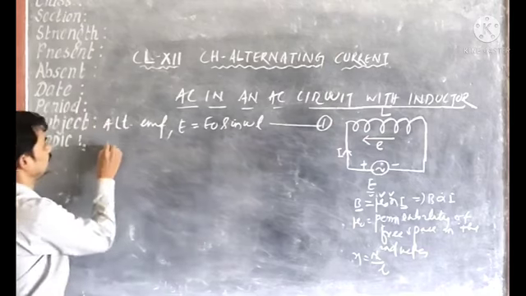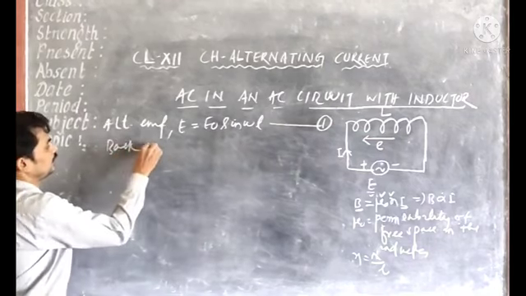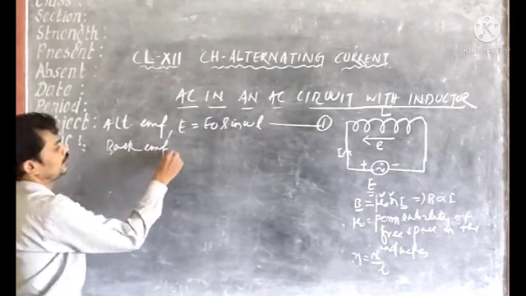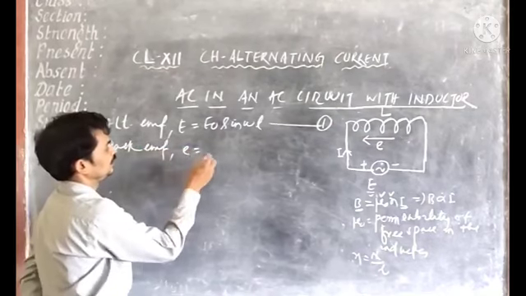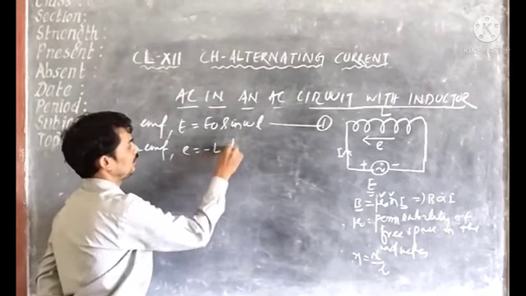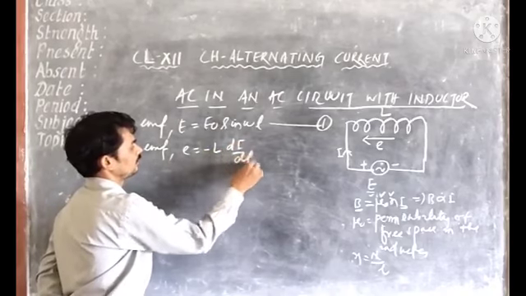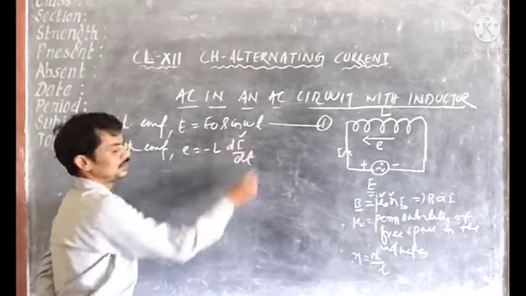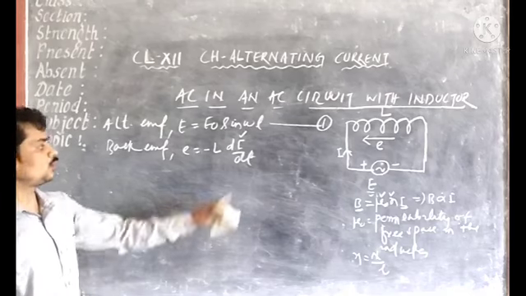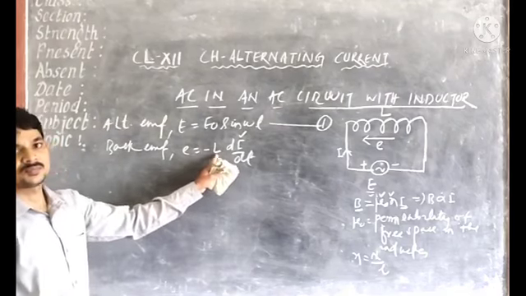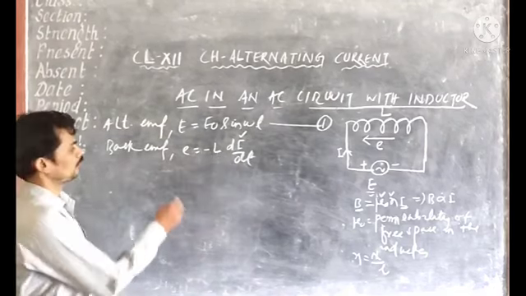Then this back EMF can be written as E is equal to minus L di by dt, where di by dt represents the rate of change of current, multiplied by the self inductance.